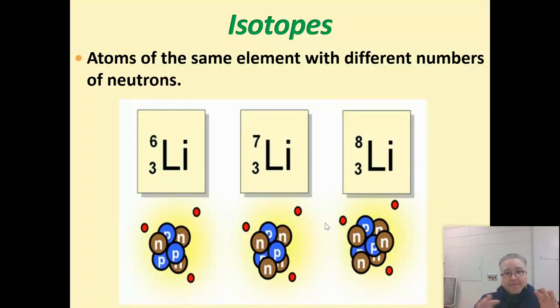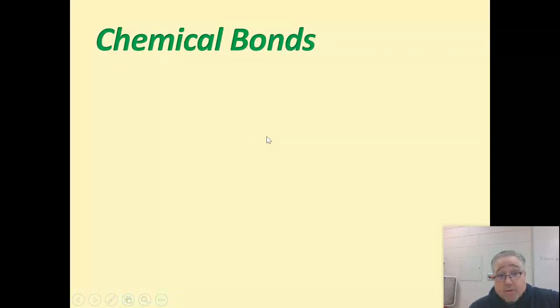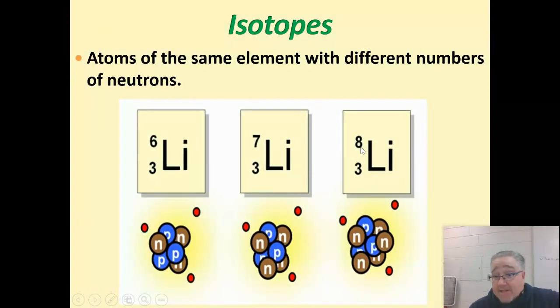I want you to think about the differences between them. One difference is they have different numbers of neutrons, right? Another difference is they have different masses, right? They have different mass numbers. This one has a mass number of 6. This has a mass number of 7. This has a mass number of 8. So even though they're all lithium, they're not necessarily the same lithium.